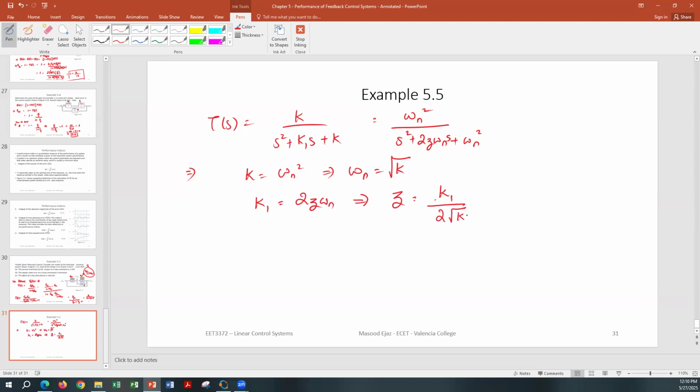So we're going to figure out what the values of K1 and K are such that our peak overshoot is, so let's go back. Peak overshoot is 100 e to the power negative zeta pi over square root of 1 minus zeta squared. That's the equation that we discussed earlier for the second order system, the peak overshoot equation, if your input is a step function.